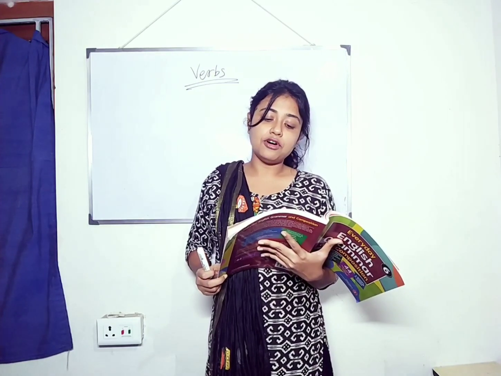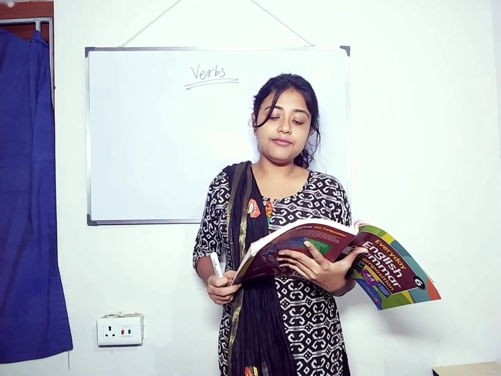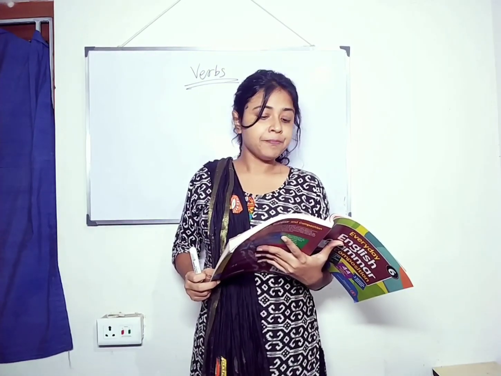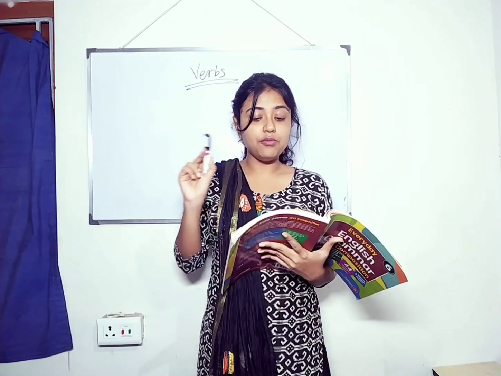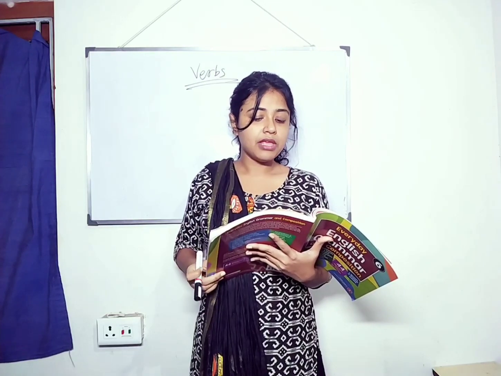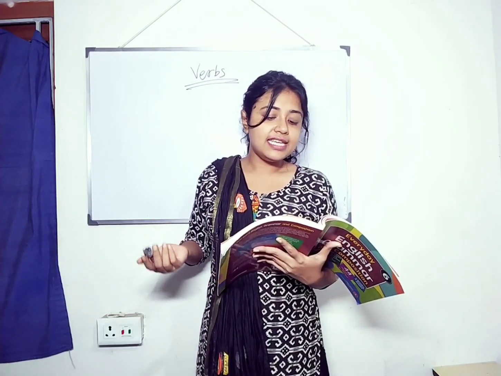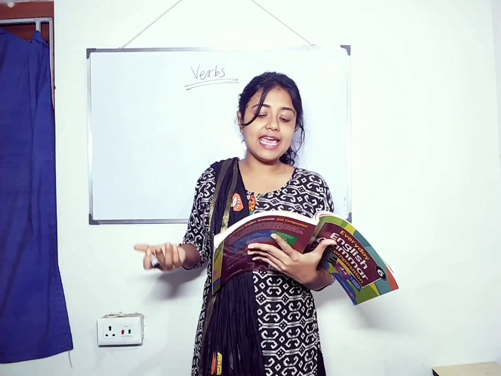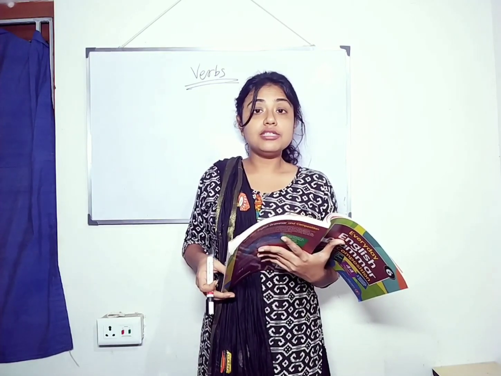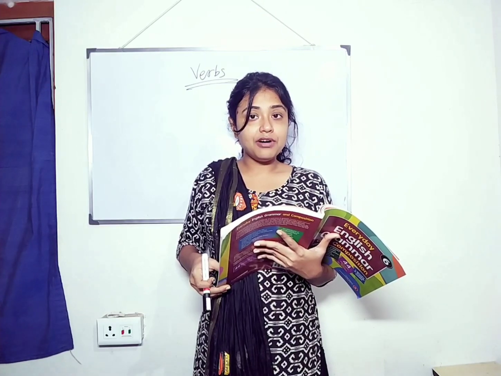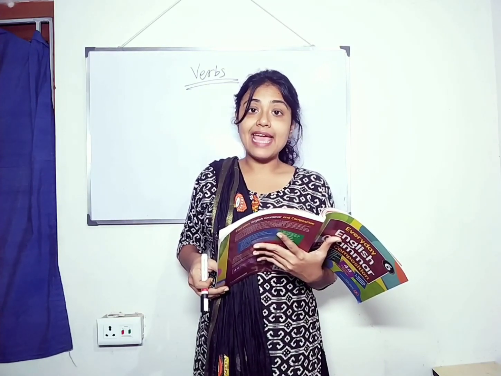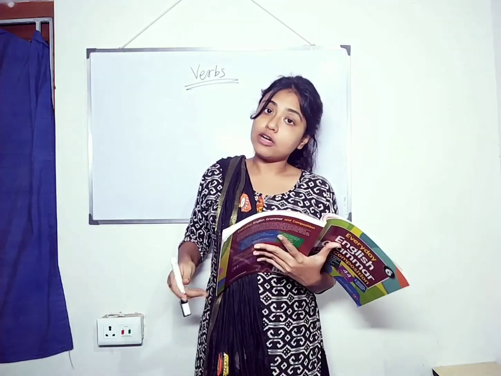Circle the main verbs and underline the auxiliary verbs in the following sentences. So we have to circle the main verb and we will underline the auxiliary verb. The first one is Sarita can repair this game console. So Sarita can repair. 2 verbs are there. So what is main verb? Main verb is repair and can is what? Helping or auxiliary.